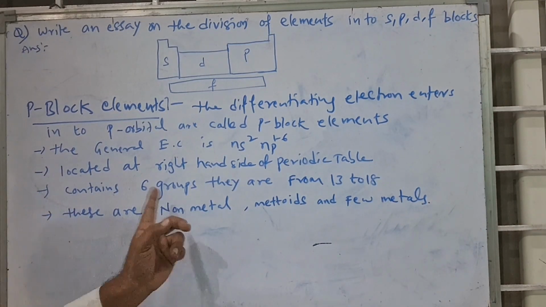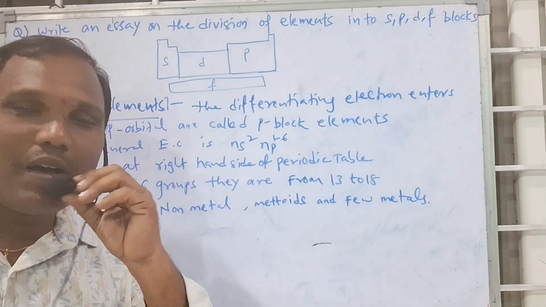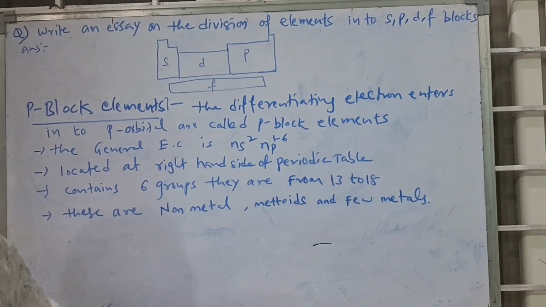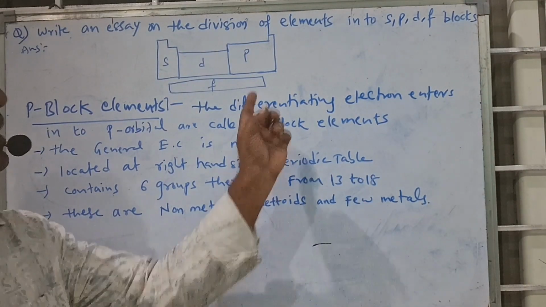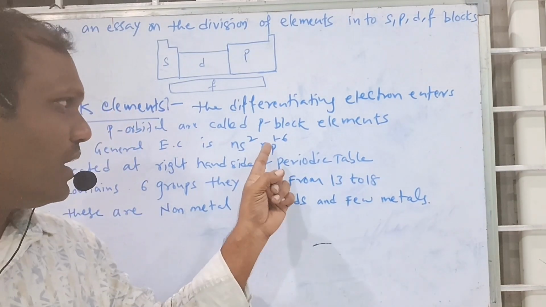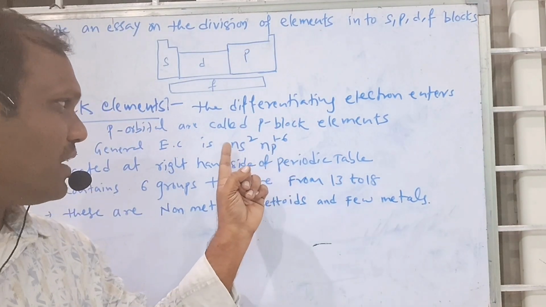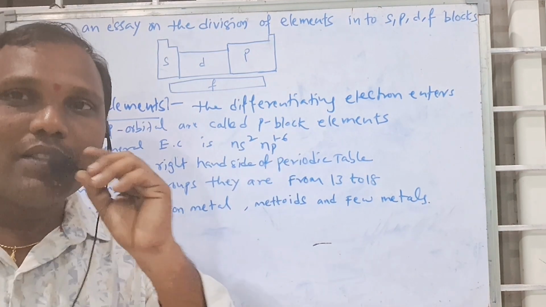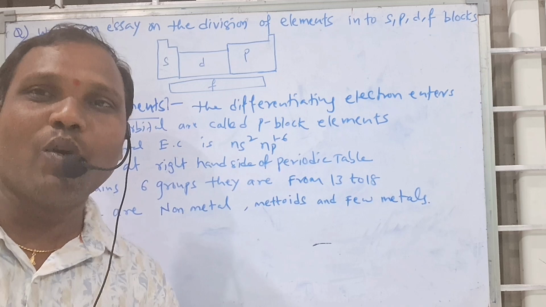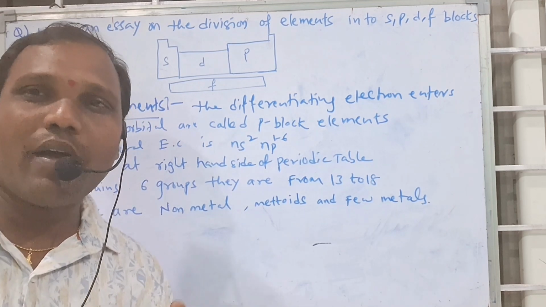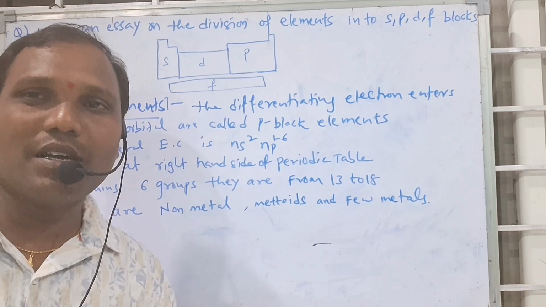It contains 6 groups, from group 13 to group 18. That's why the electron configuration after ns2 is np1 to 6. These p block elements are mostly non-metals; some are metalloids and few are metals.